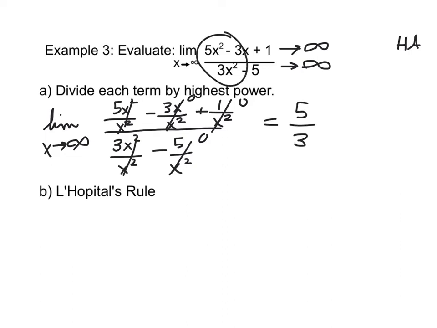Of course, if we were doing the horizontal asymptote, we would have come up with that fairly easily. But we can also use L'Hopital's rule. So I want to show how this works as well, since this was an indeterminate form that's not 0 over 0. So I'm going to take the derivative of the numerator, and I'm going to take the derivative of the denominator.